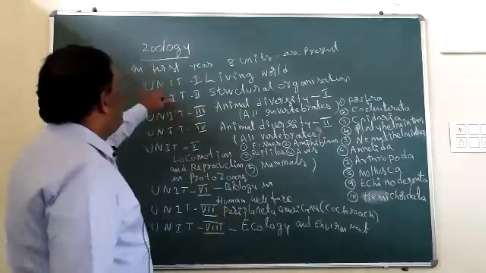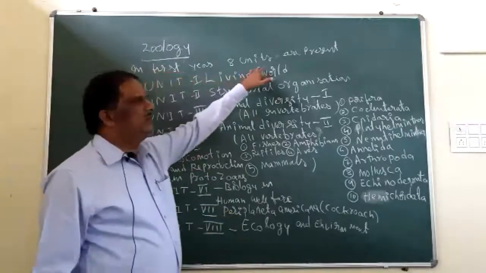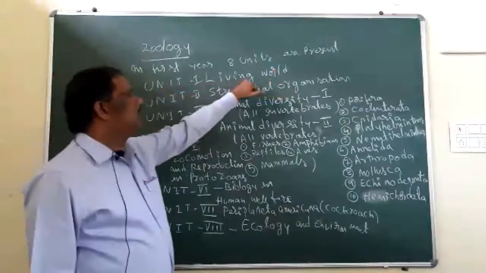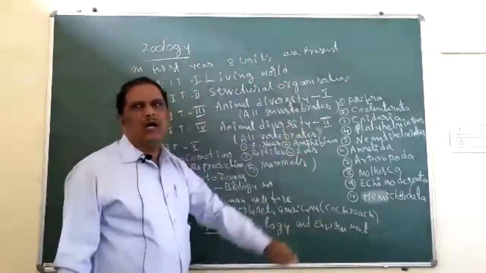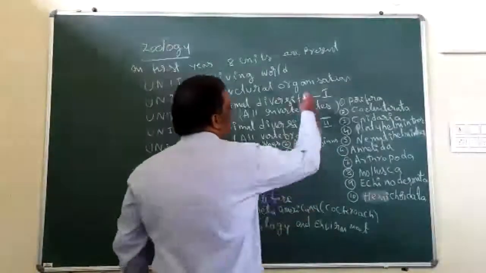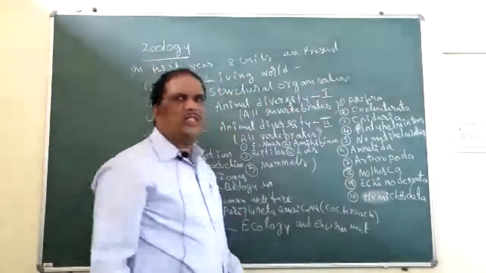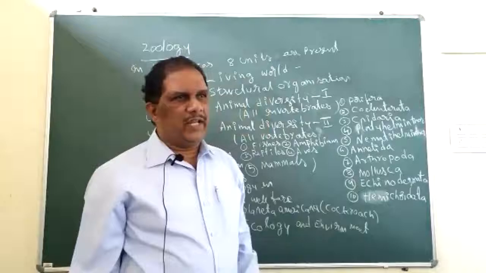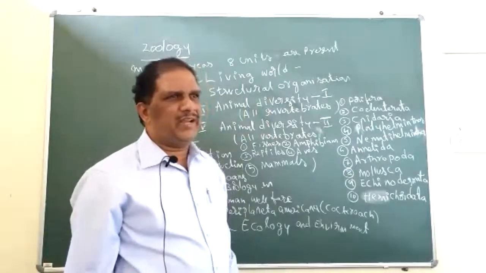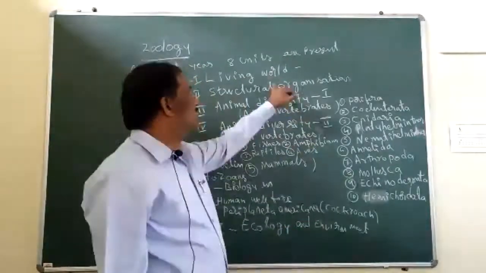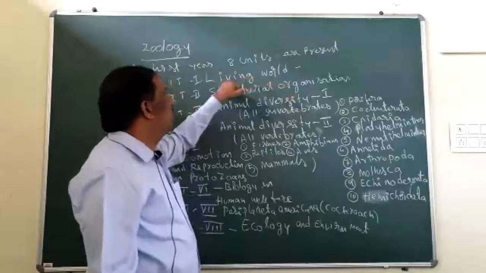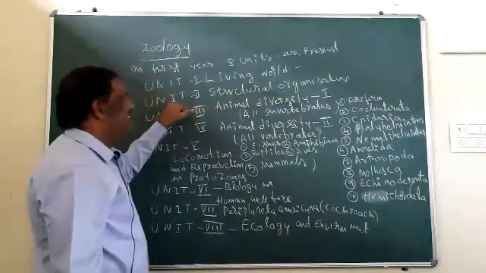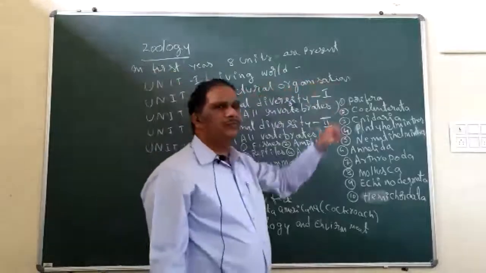So these are the 8 units present in the first year. First one is the living world. What is the living world? What is life? What are the organisms? What are the different types of organisms? How do we classify them? All these we can learn from the living world. Second one, structural organization.